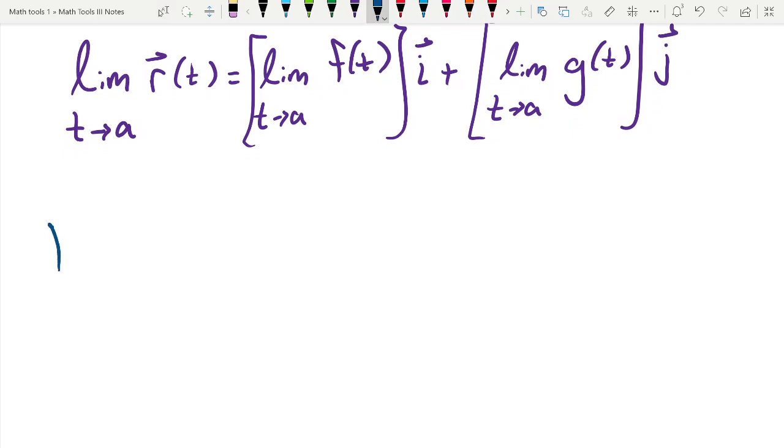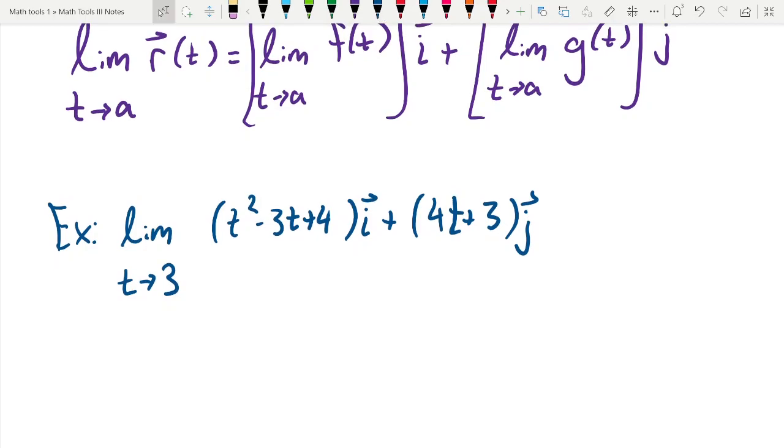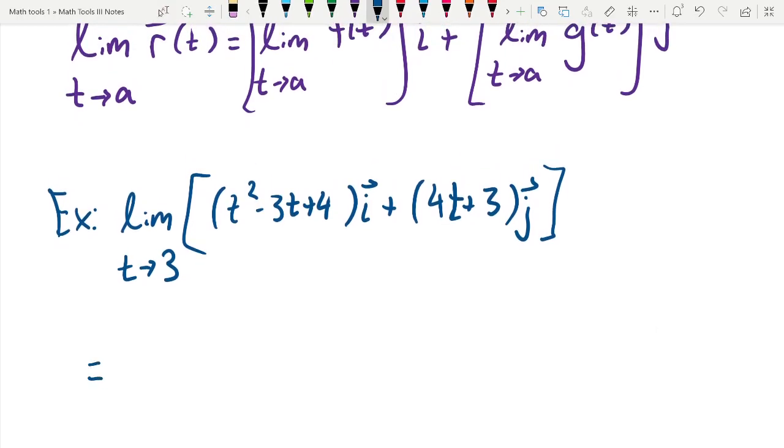To do an example here, take the limit as t approaches 3 of t squared minus 3t plus 4 times i hat plus 4t plus 3 times j hat. We're taking the limit of the whole thing, just to be clear. We take the limit of just the first part and then the limit of just the second part.